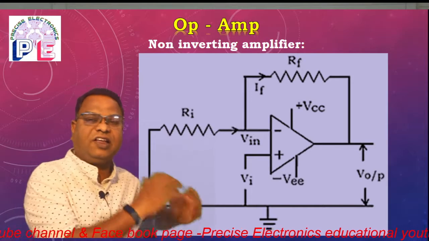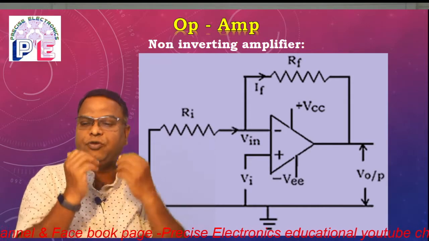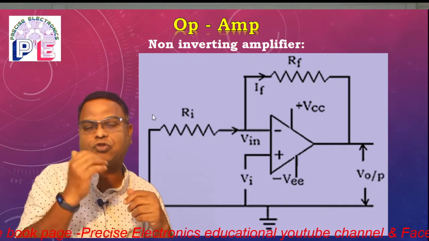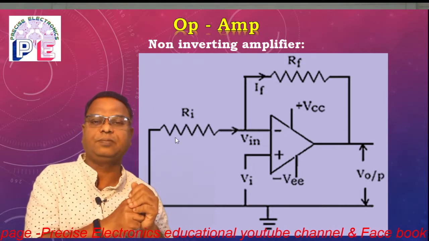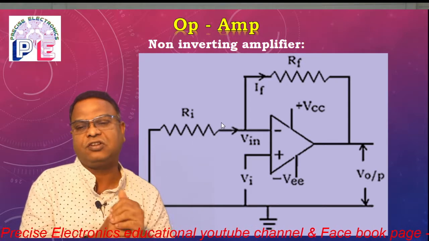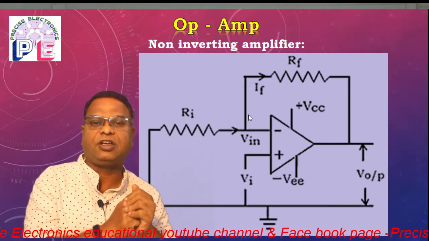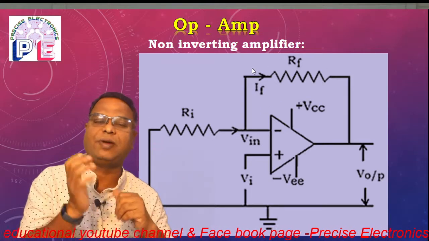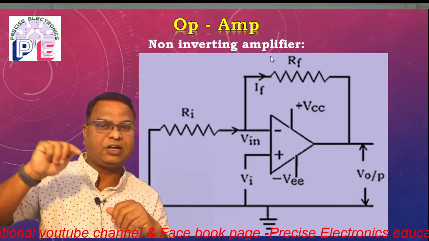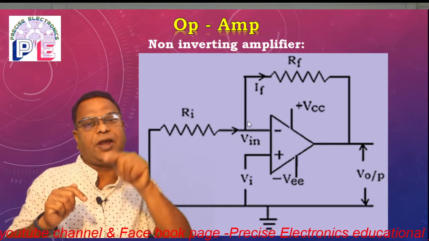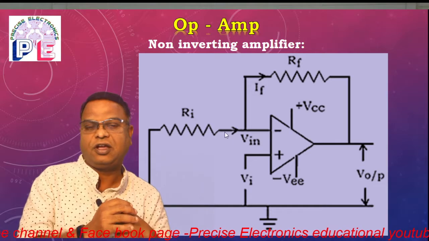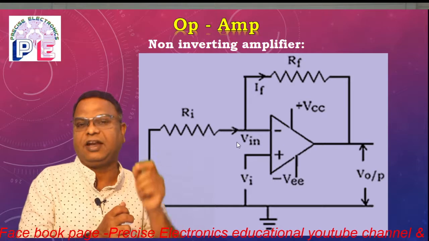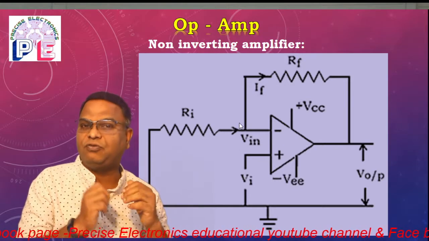From this diagram, it is clear that the inverting input terminal of the op-amp is connected to the ground terminal through the input resistor Ri. The output voltage, that is the feedback voltage, is fed back to the inverting input terminal through the feedback resistor Rf. The potential developed across that feedback point, the inverting terminal, is considered as Vin.